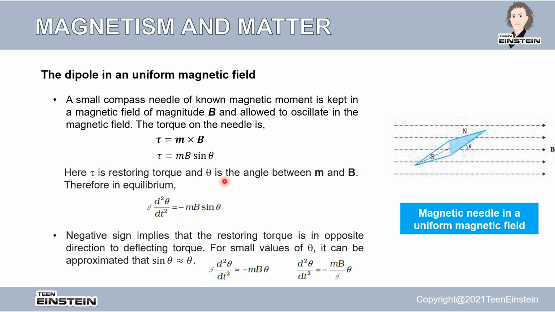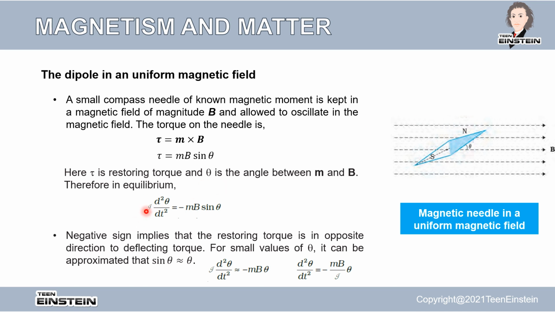For example, if you extend a spring, the spring comes back to its original position. So there is a force that restores the original position. That is the restoring force. Similarly, if you rotate this magnetic moment or a compass, it tries to come back to its equilibrium position. That is what we call restoring torque.